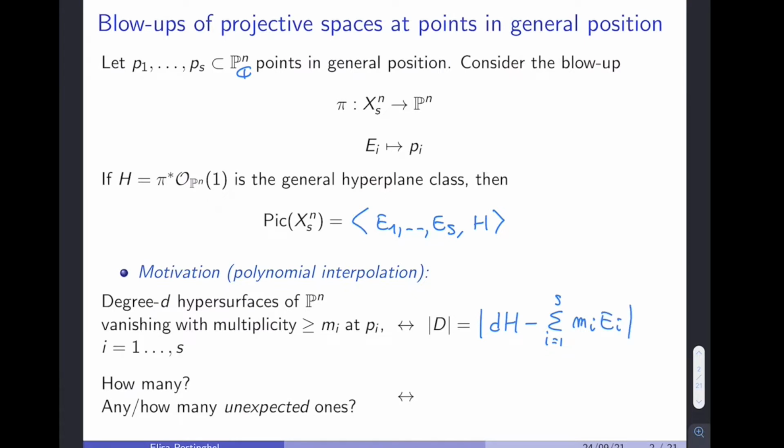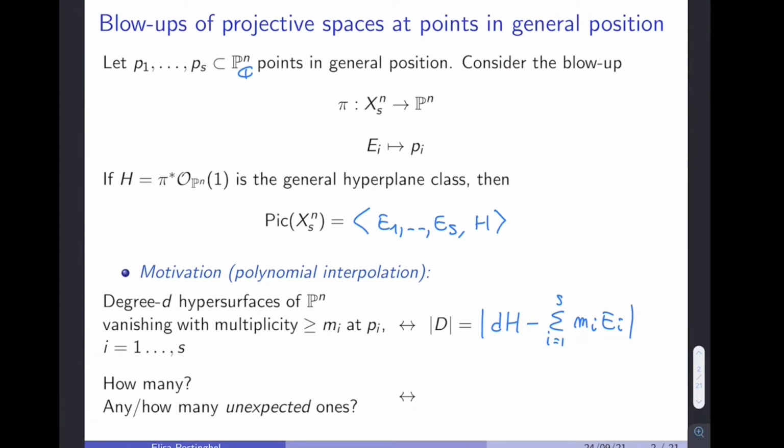I'm using this minus here instead of a plus because I want to connect the linear system associated with this divisor with the vector space of homogeneous polynomials of degree d that vanish with multiplicity at least m_i at the points P_i.